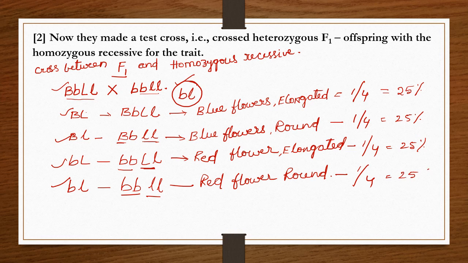So when you conduct the test cross for these F1 individuals and the homozygous recessive, 25% blue flowers with elongated pollen grains, 25% blue flowers with round pollen grains, 25% red flowers with elongated pollen grains, and 25% red flowers with round pollen grains are formed. That means all four phenotypes are formed in equal proportions.